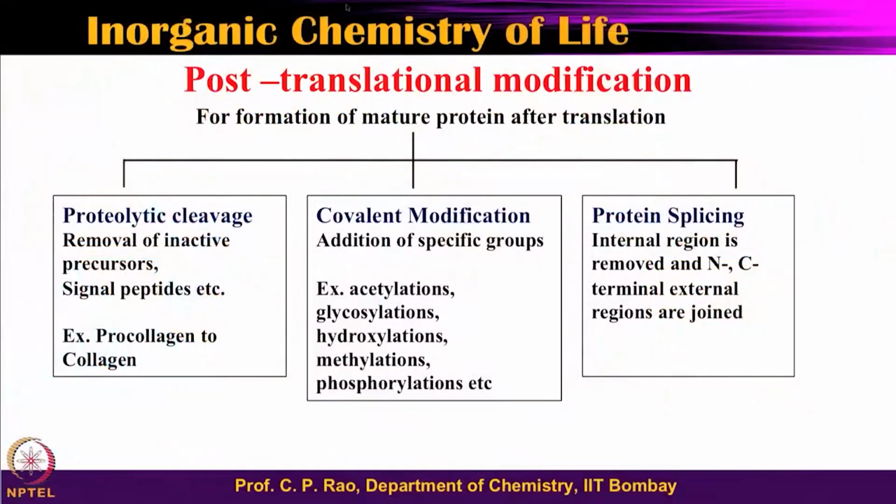And after the protein is formed, actually many things happen. Whatever happens after the protein is formed is called post-translational modification. You know, translation means protein synthesis. Protein synthesis at the ribosome is referred to as the translational phenomenon. And post-translational, after being synthesized, there are a lot of modifications.